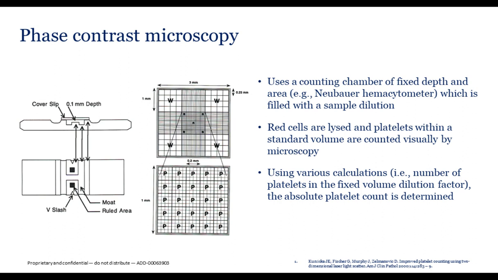And you'll notice in the very center, there are 5 distinct regions where we count platelets. The red cells are lysed with the diluent, and then the chamber is charged. And the microscopist then counts all 5 windows, and then using various calculations, we can determine the absolute platelet count.